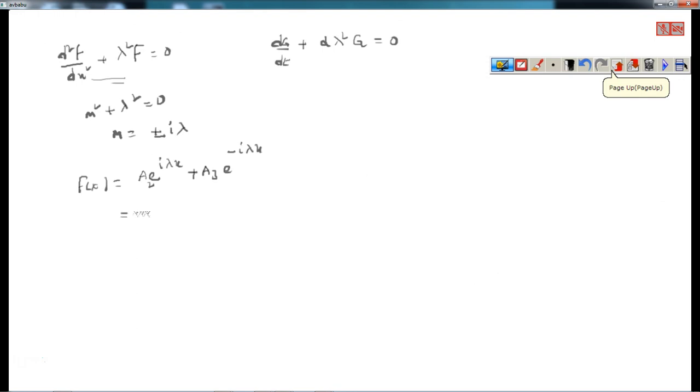This can also be written as a2 into e to the power of i lambda x, which is cos lambda x plus i sin lambda x. You know about it, right? Plus a3 into e to the power of minus i lambda x, which is cos lambda x minus i sin lambda x.